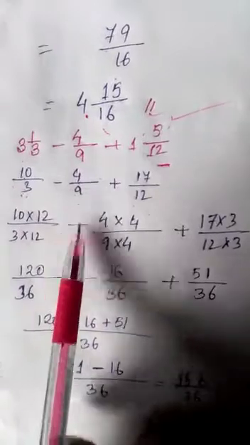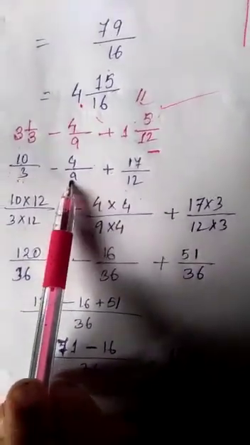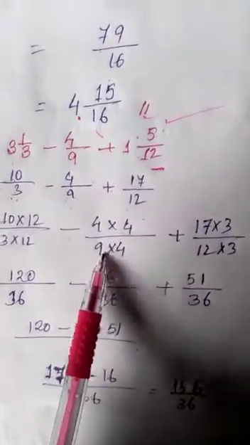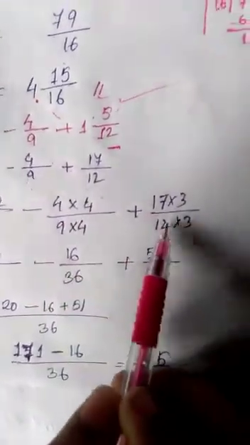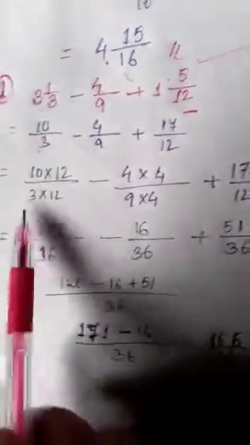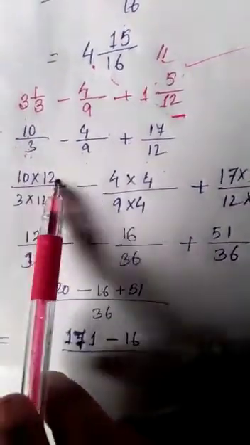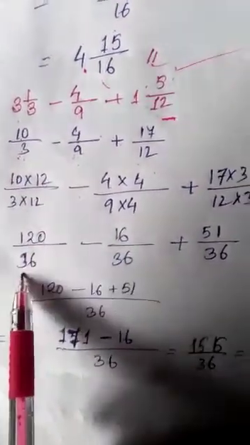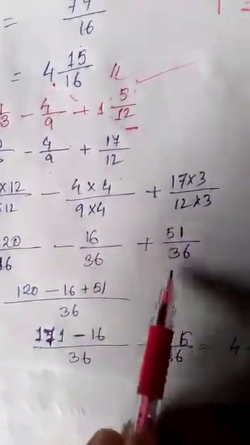Next, minus 4 by 9, how much to multiply with 9 to get 36? It's 4, as 9 times 4 is 36, so we multiply by 4 into 4. In the same way 12 into 3 is 36, and 17 also by 3. So now we have got 120, as 12 into 10, so 0 only we insert, so it's 120 by 36, minus 16 by 36, plus 51 by 36.